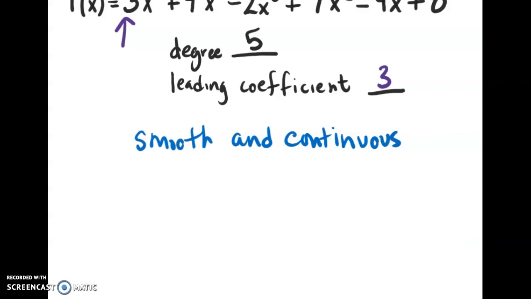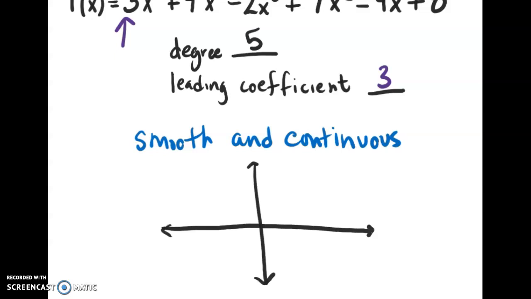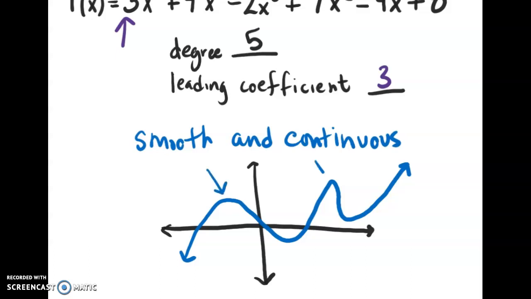Now I'm not saying that this is the graph up above, but if this was my xy plane and I was going to draw a graph of this polynomial function or maybe a different one, it would look something like this. I could draw it with no breaks, no holes, continuous, and the curves are smooth, no sharp edges.